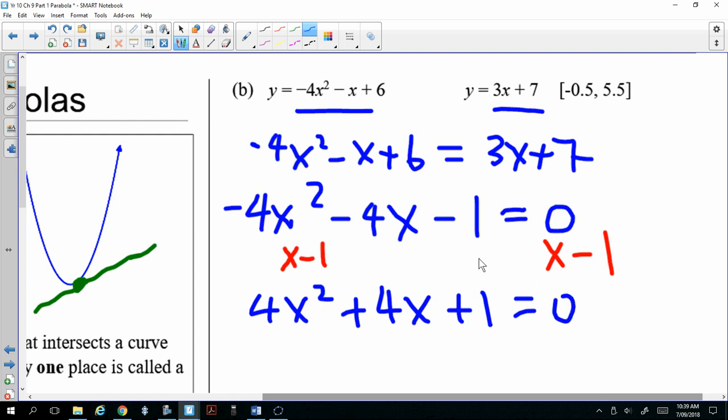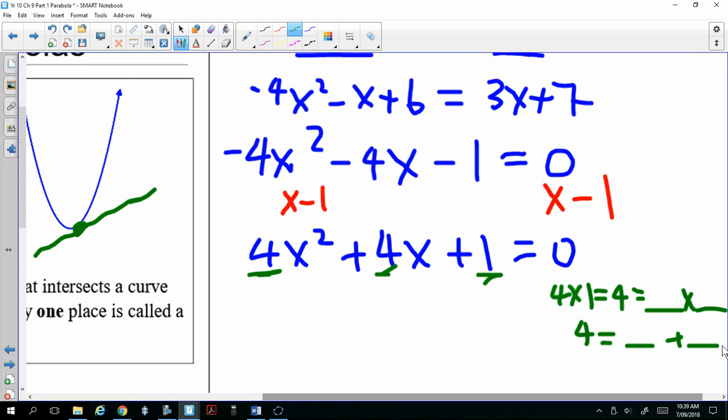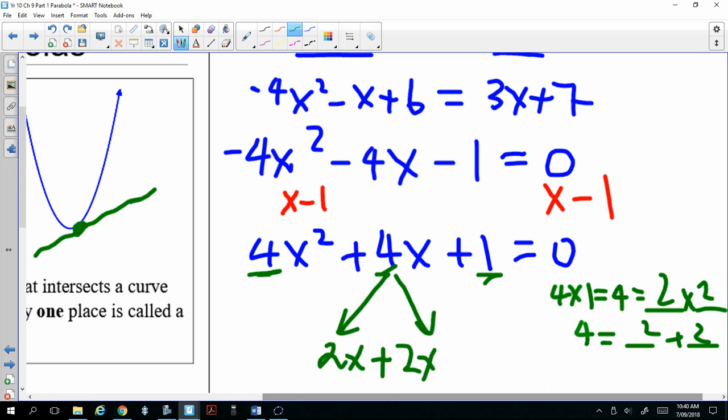How do we factorize? For a mnemonic, you multiply 4 by the 1. So 4 times 1 is 4. Find 2 numbers which multiply to get 4 and add to get this 4. What numbers would that be? That will be 2 and 2, which means it's split into 2 parts, the 2x and the 2x. So you factorize in pairs.